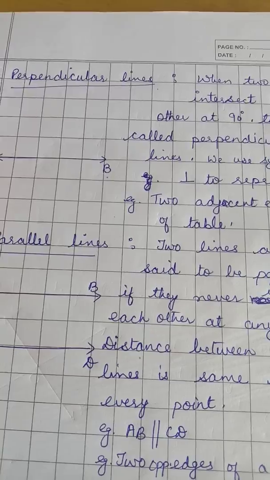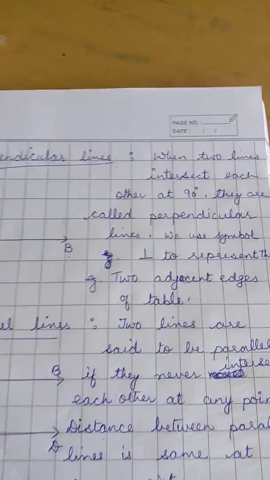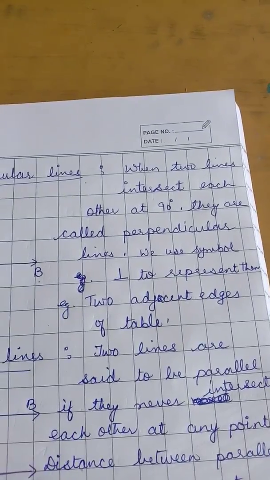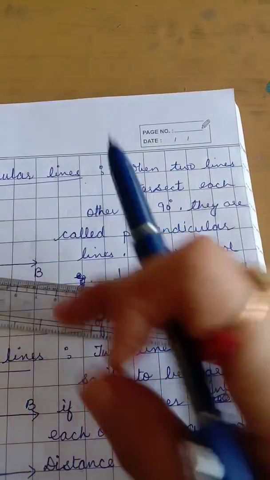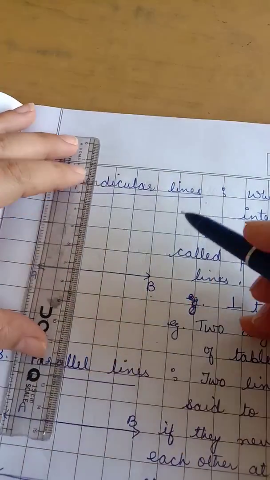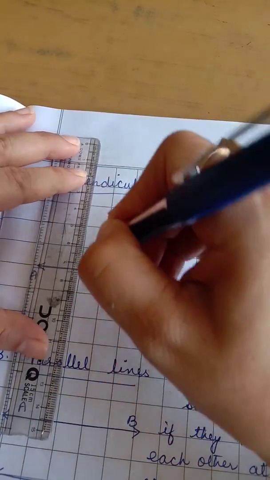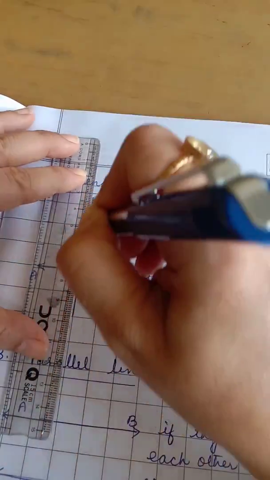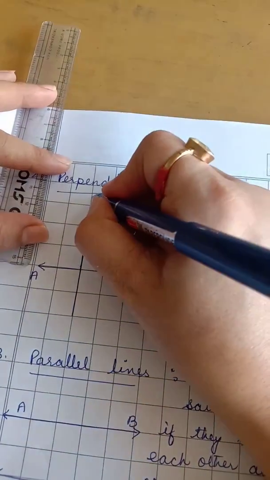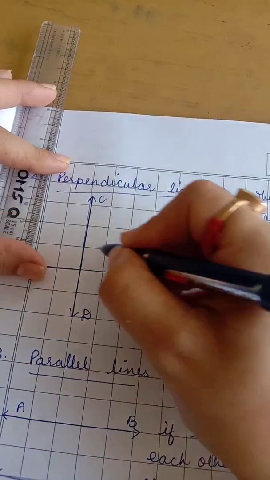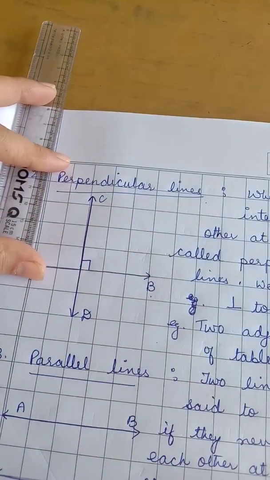Next, perpendicular lines. These are two lines that intersect each other at a right angle. Suppose I have drawn one line AB and another line CD is standing straight on AB, making an angle of 90 degrees.